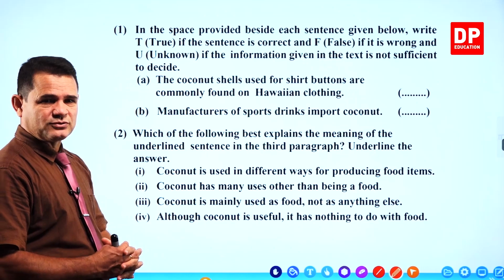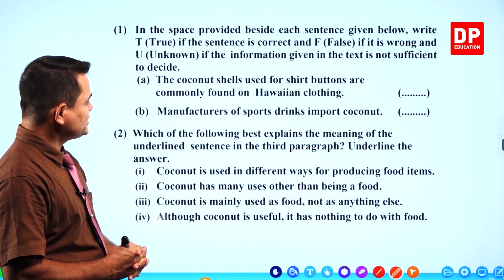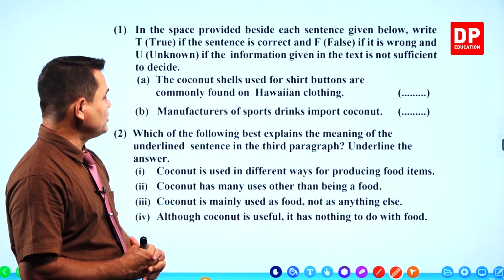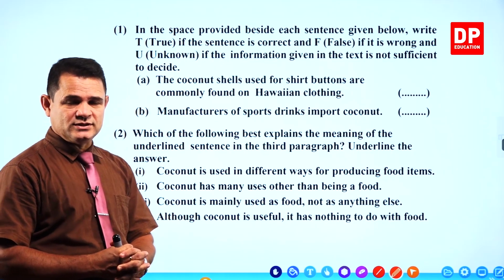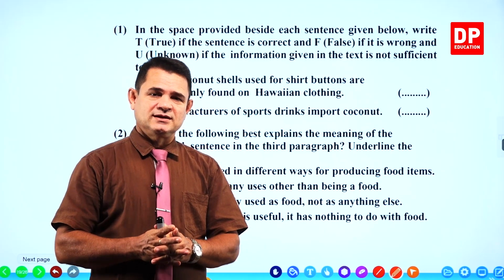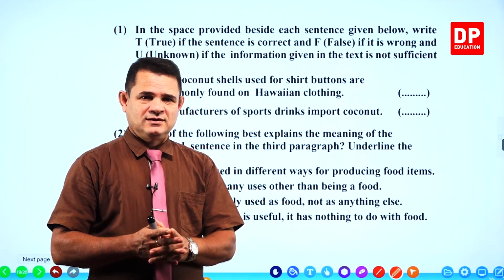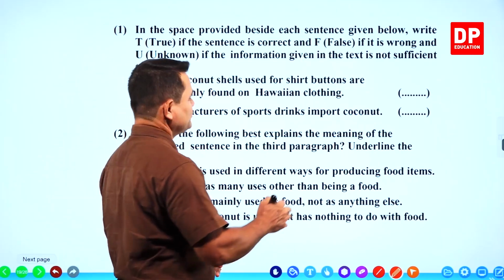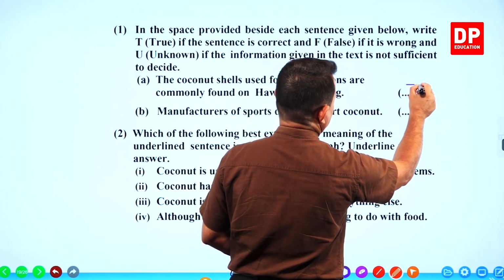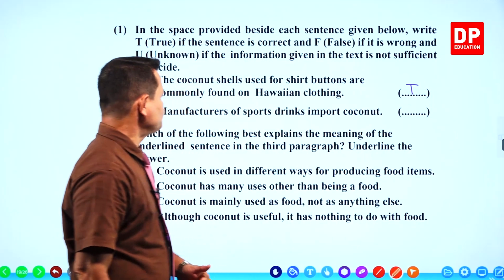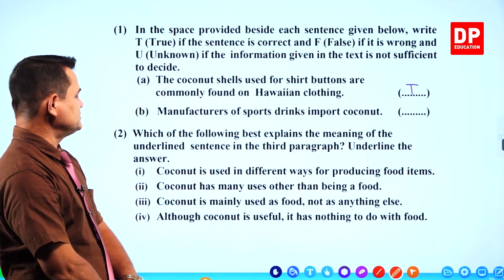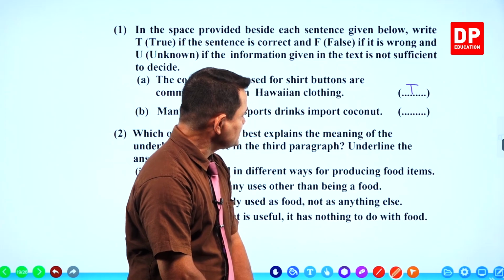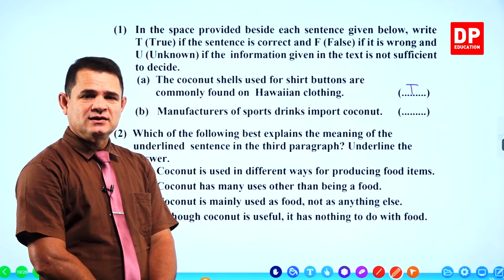Now let's look at the first one. The coconut shells used for shirt buttons are commonly found on Hawaiian clothing. Hawaiian clothes have buttons made from coconut shells. That's true. Next one. Manufacturers of sports drinks import coconut.